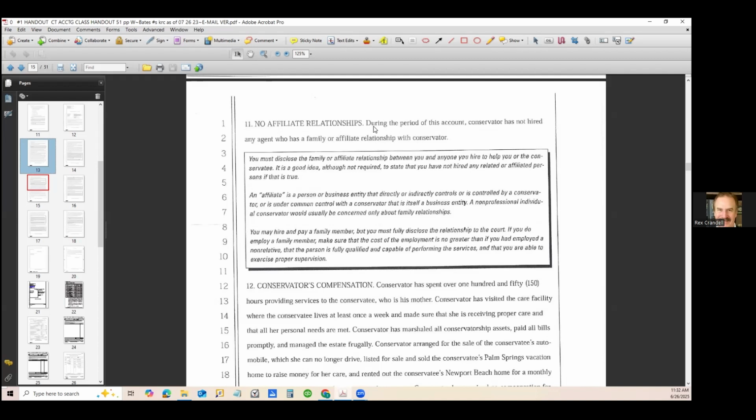There's nothing wrong with that as long as the agent wasn't paid any different amount, and as long as you really don't show that there was a huge loss on the sale because of the fact that maybe your wife sold it to a friend or something of that nature. You just have to be careful about that.